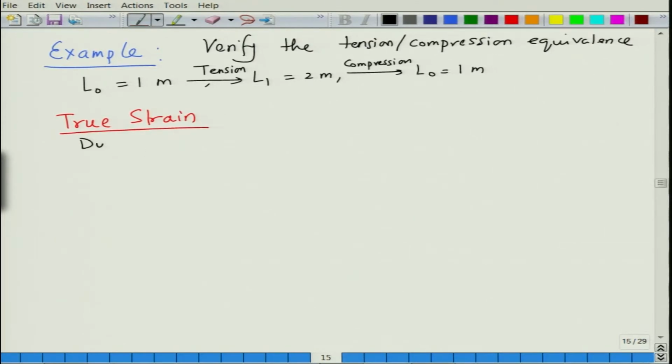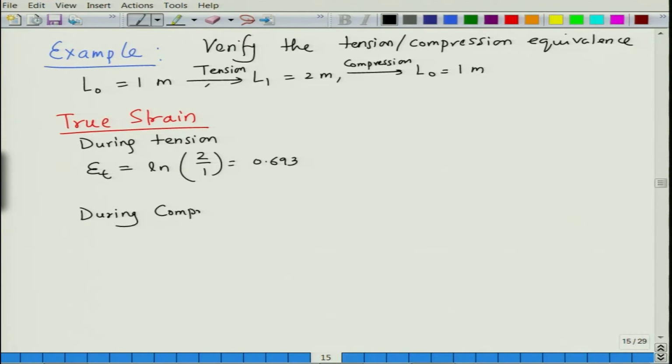during tension, epsilon T will be equal to ln of Lf divided by L naught, which is 2 divided by 1, which is equal to 0.693, and during compression, epsilon C will be equal to ln of 1 divided by 2.